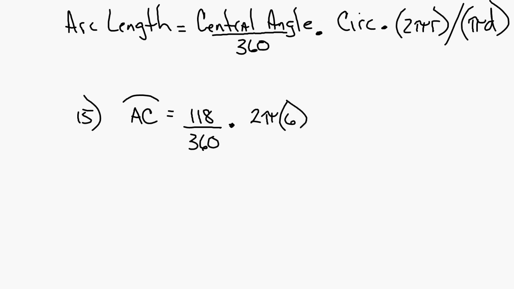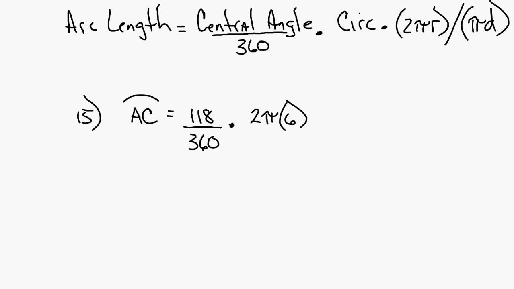You don't need any parentheses because you're going to type your 118 divided by 360 first. So 118 divided by 360 equals, and then push times 2 times pi button times 6 and hit equals again. So arc AC is equal to, I got 12.357.